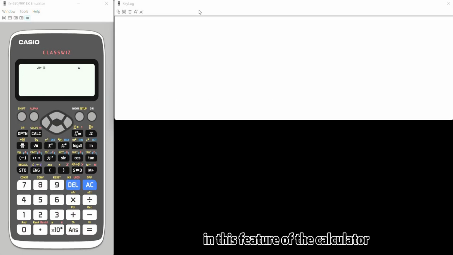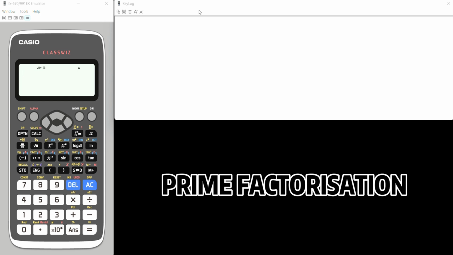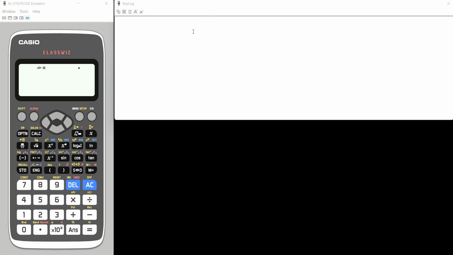Next up in this feature of the calculator, it's called prime factorization, which is basically how you would turn normal numbers into their prime factor form. So in school, we are taught with the tree diagram method, which is breaking down, dividing by 2 or dividing by the prime factors. But in this calculator, you can just do it by itself.